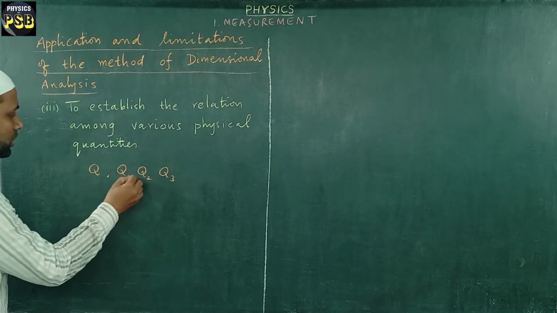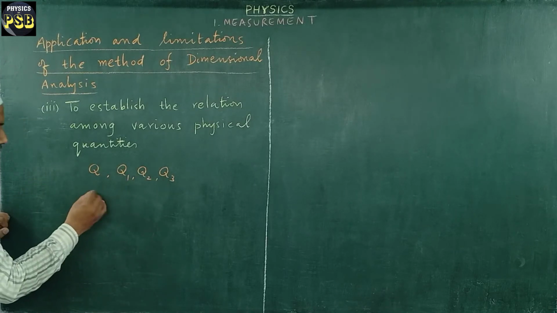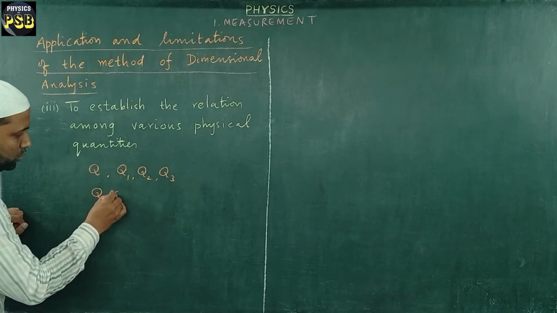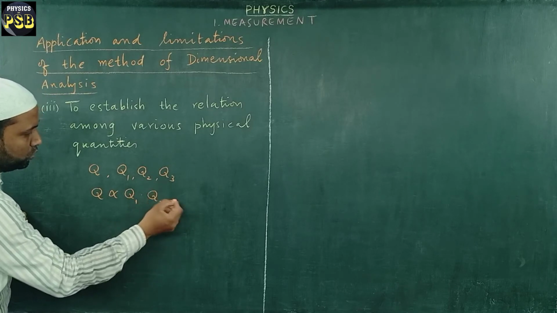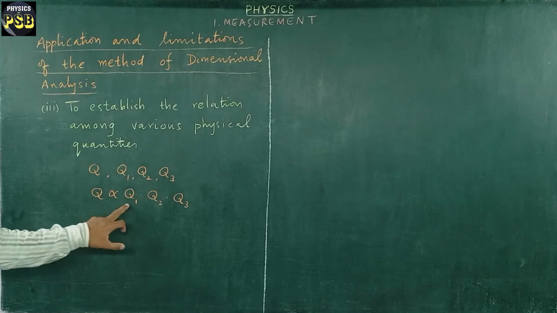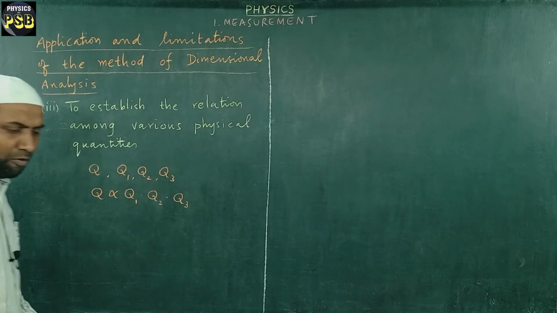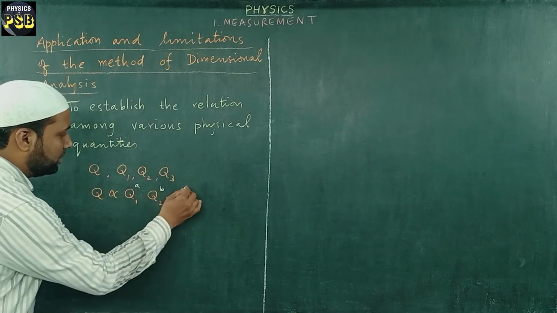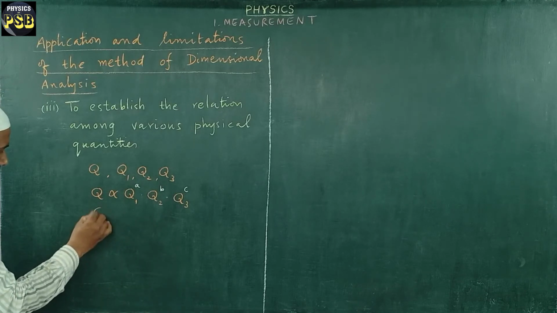Mathematically it can be written as Q is directly proportional to Q1 into Q2 into Q3. Here, these three quantities are raised to power A, B and C.